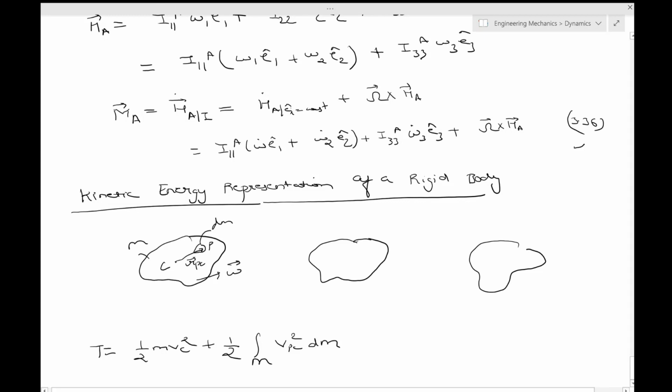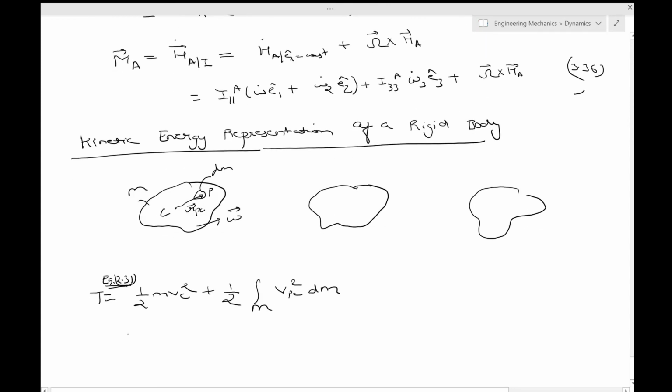Let me pull up the equation. Yes, we had written this in equation 2.31. Please go and check the derivation if you do not exactly know how this has been written. You can pause the video and go back and check this.